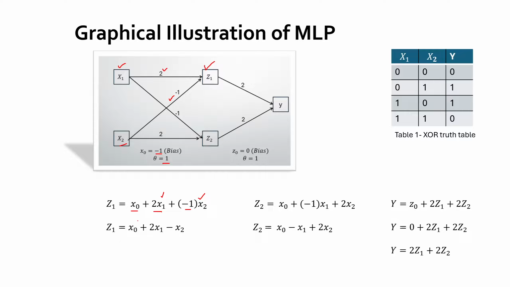In simplified terms, it becomes x0 plus 2 of x1 minus x2.